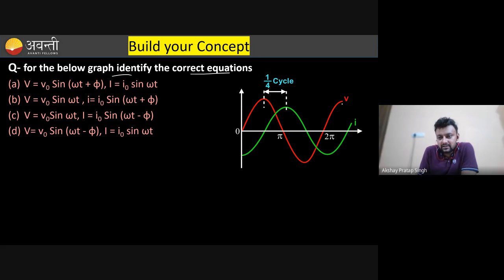The red one is the voltage and the green one is the current. So you need to identify which equation is correct. Four options are there and you have some 30 seconds to answer. I'm waiting for your responses.